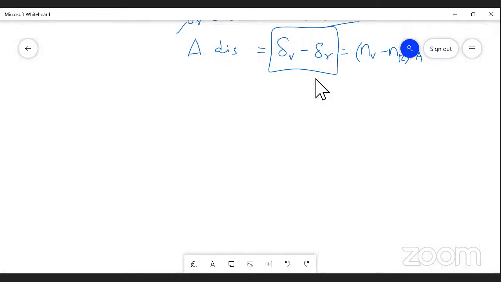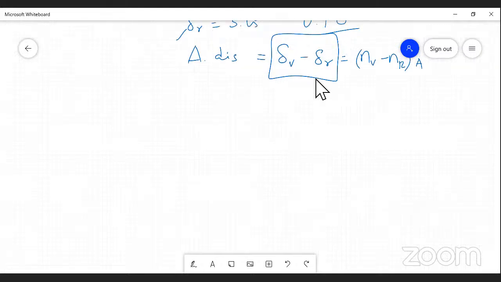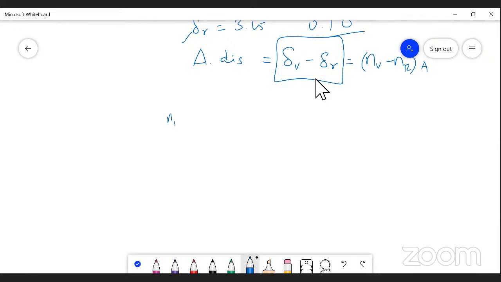And the next one. NV is equal to 1.685. NR is equal to 1.644 and A is equal to 4 degree. What is the angular dispersion? I give you the formula. What is the formula?